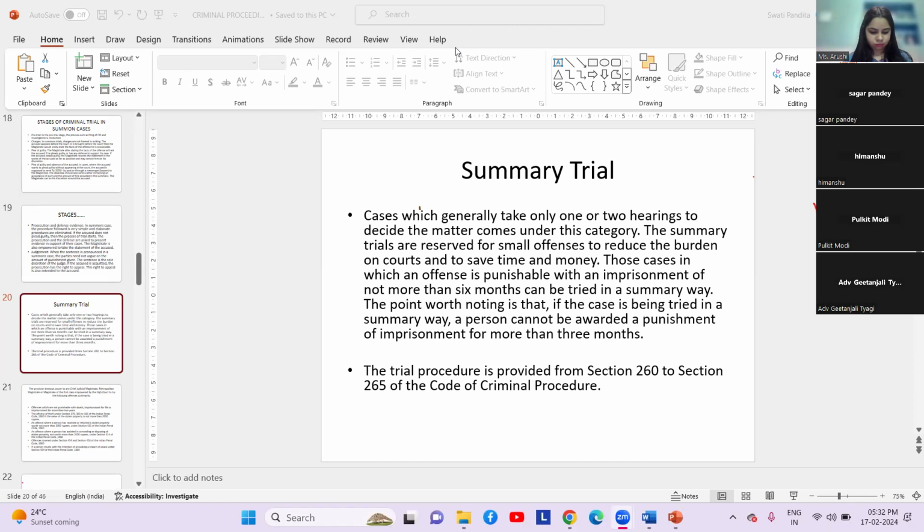In summons and summary trials, a formal charge is not written down, saving some time. The magistrate, after stating the particulars of the offense, asks the accused if he pleads guilty or not. What I have mentioned in that negotiable instrument matter, the magistrate was asking that person, do you plead guilty?